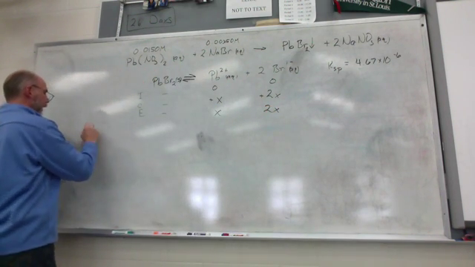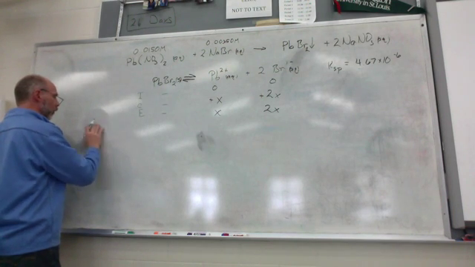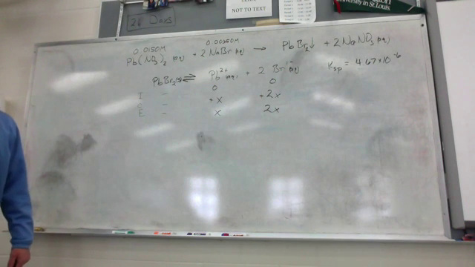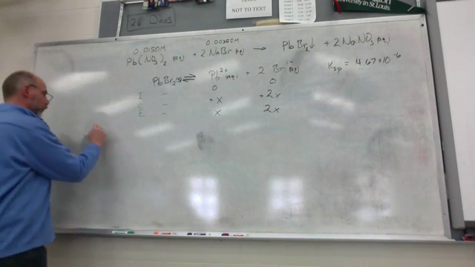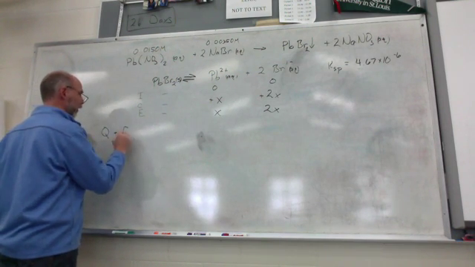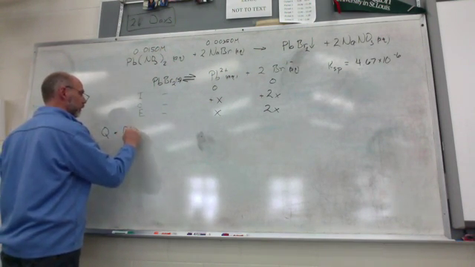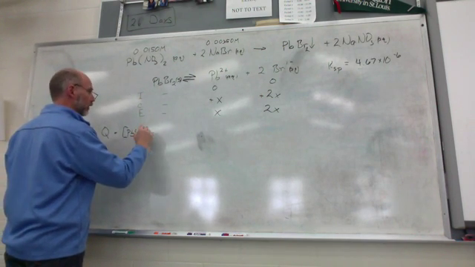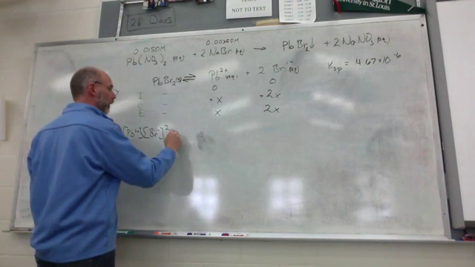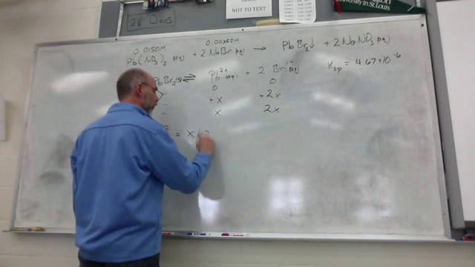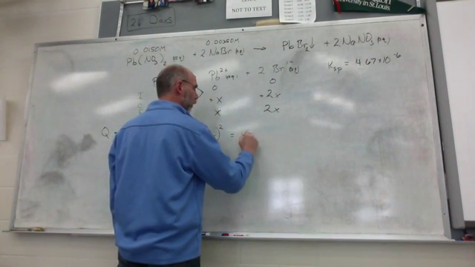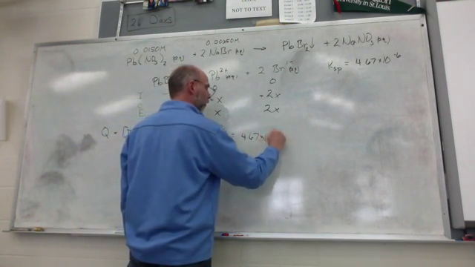So remembering that KSP, whoa, time out. We're using Q. We don't know if we're at equilibrium yet or not. So we're going to use Q. And the Q equation is going to be just like the KSP equation. Okay, and so now we're going to get x and 2x squared equals 4.67 times 10 to the negative 6th.